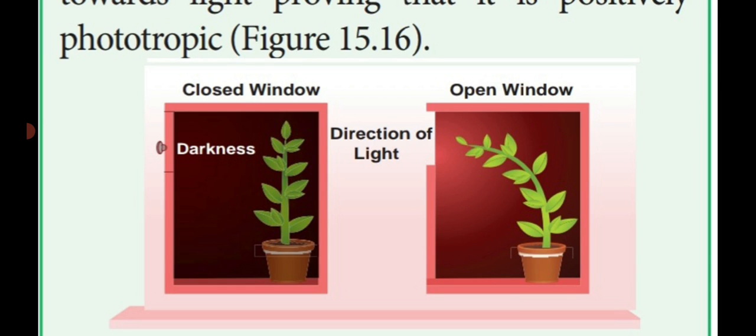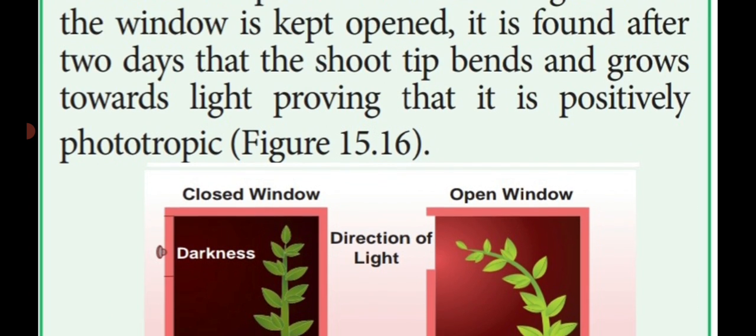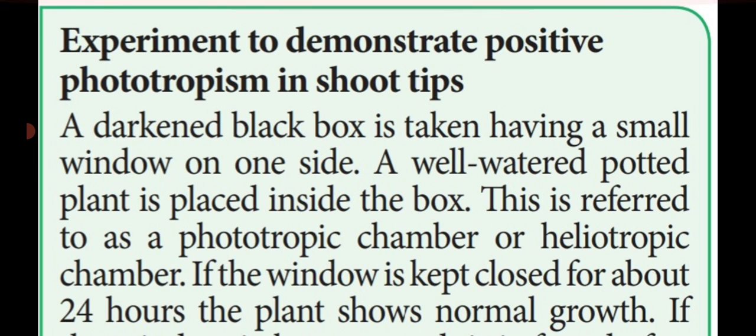In the second picture, if you open the window, after 2 days the stem grows towards the window through which the sunlight passes. This proves that the stem growing towards the sunlight is positively phototropic.